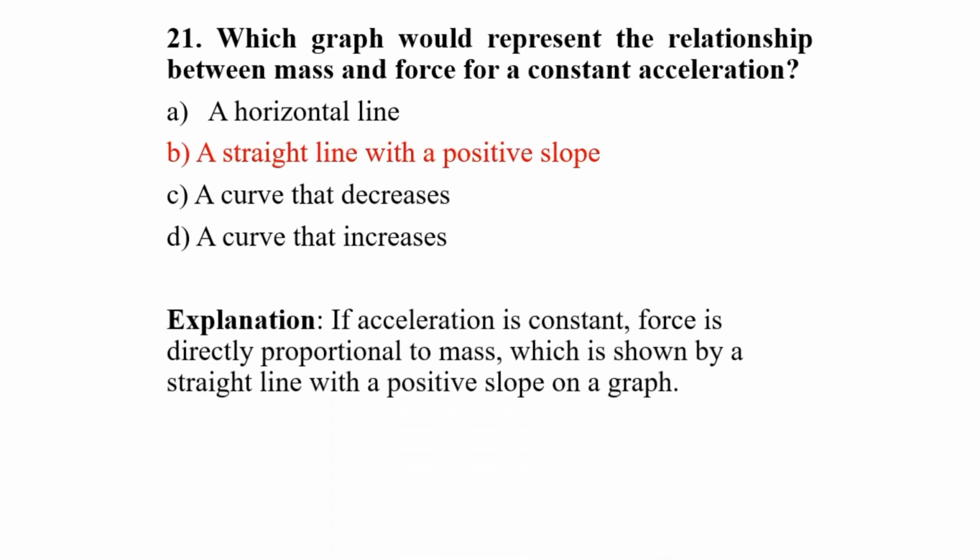The answer is a straight line with a positive slope. If acceleration is constant, force is directly proportional to mass, which is shown by a straight line with a positive slope on a graph.